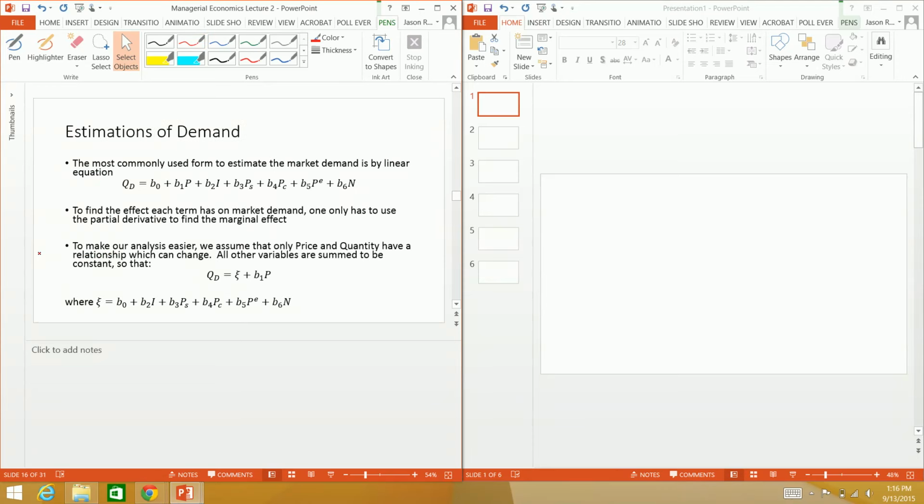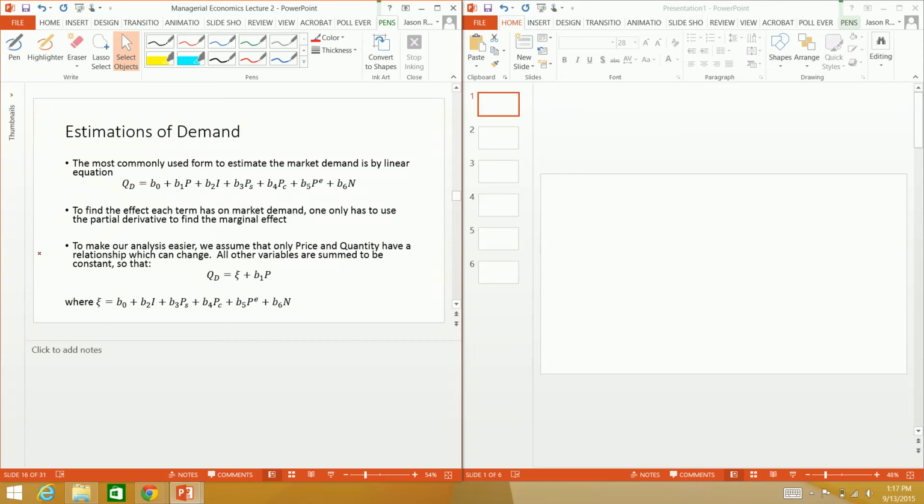So we go through an estimated demand equation. From your business statistics class, this should look familiar to us. We should be able to understand how to essentially estimate all of these beta parameters.